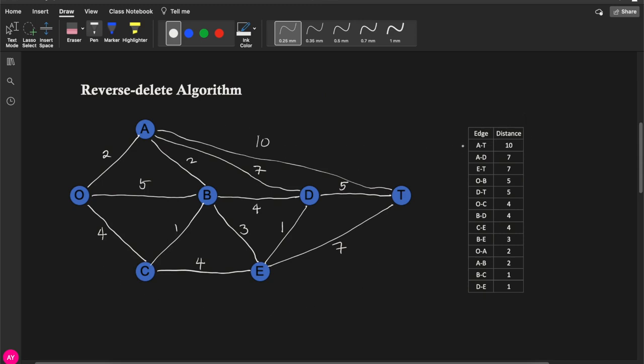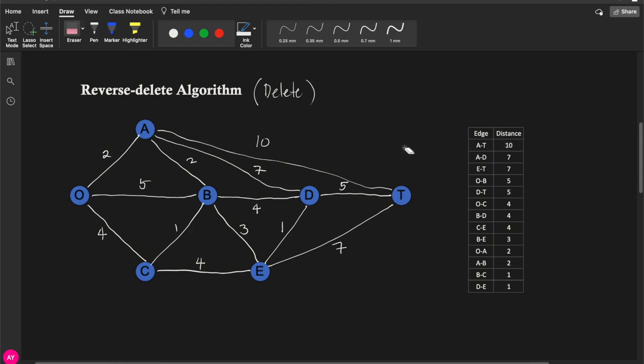Again, I also have the list of edges, but it is now sorted in descending order, because remember, this is an algorithm where we delete edges, or subtracting. We are subtracting edges. And therefore, let me get my eraser tool. And according to the algorithm, we will start with the edge with the highest distance first.